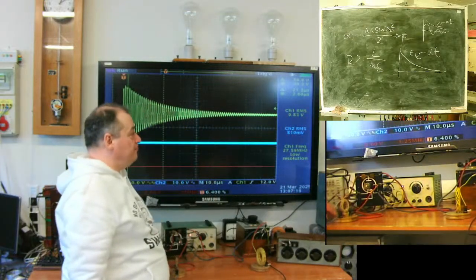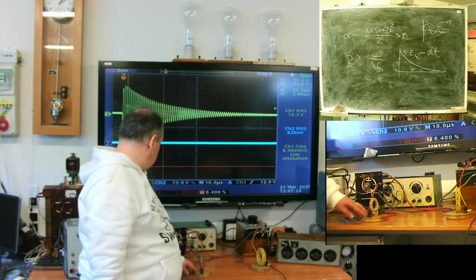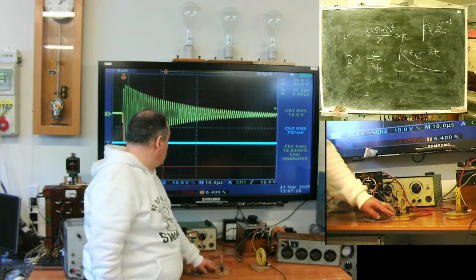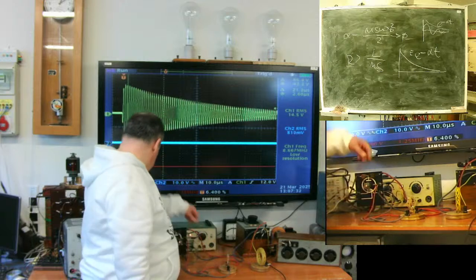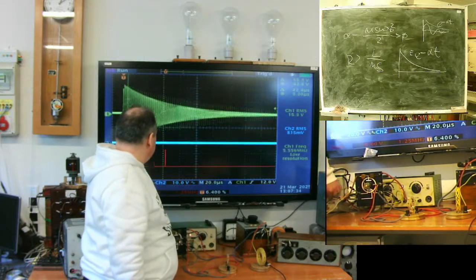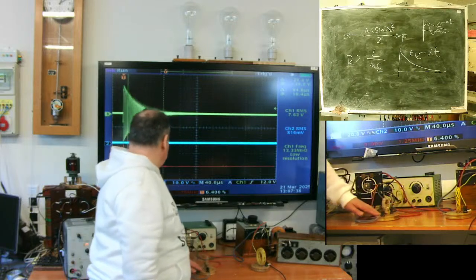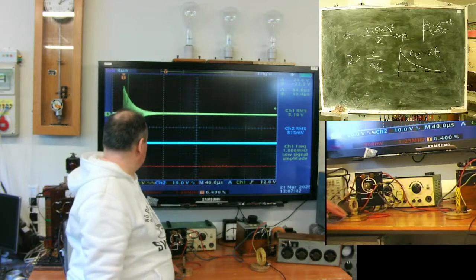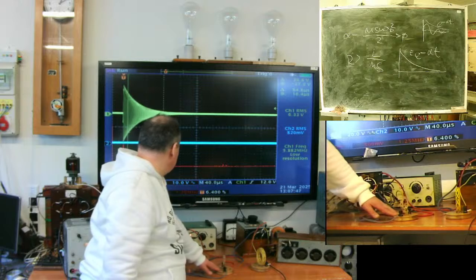Increase M. Less stable, but still stable. Change. Very virtual, no positive feedback. I'm increasing positive feedback.